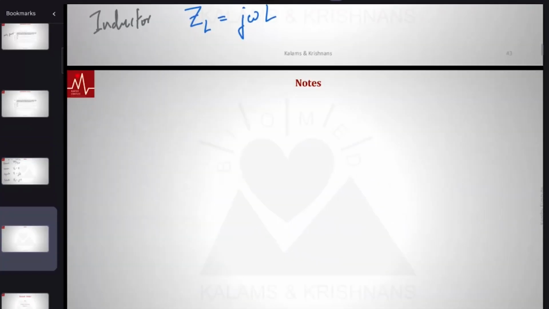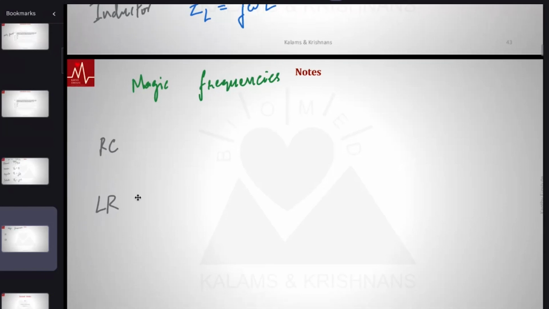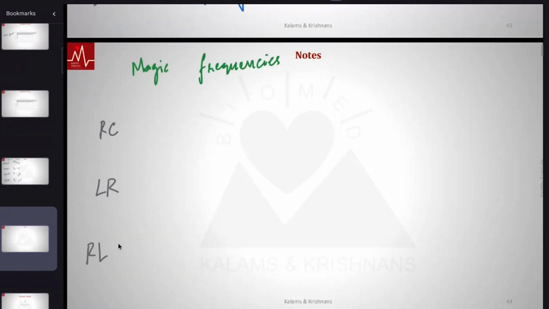Second, as I mentioned, 3 magic frequencies. There is an RC circuit, there is an LR circuit, which I refer to as L over R circuit, and then sometimes there are RLC circuits, series or parallel. Let's write the magic frequencies in hertz.